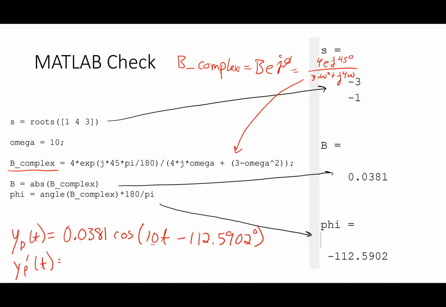So this would be negative 10 times that amplitude times cosine of this. You should know how to do that. I said back at the beginning, things that you should know how to do. You should know how to take the derivative of sine, cosine, exponentials. That stuff should be back of the hand for you. If it's not, it should be. It's really going to kill you in later classes if you have to think about those things. Cosine, sine, exponentials, those you should know by heart.